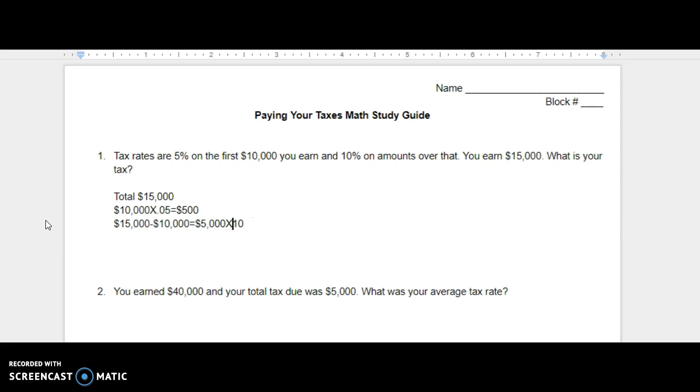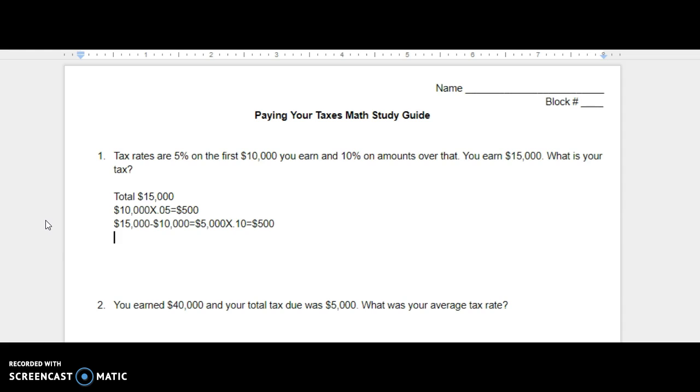So let's move that decimal place over, so 5,000 times 0.1 is going to give us another $500 in taxes. Now we're not quite finished yet because we need to add our two tax brackets together. So the first tax bracket of $10,000 at 5% was $500, and then we're going to add our last $5,000 times 10% or 0.1, which is $500, for our total tax of $1,000 paid on $15,000.